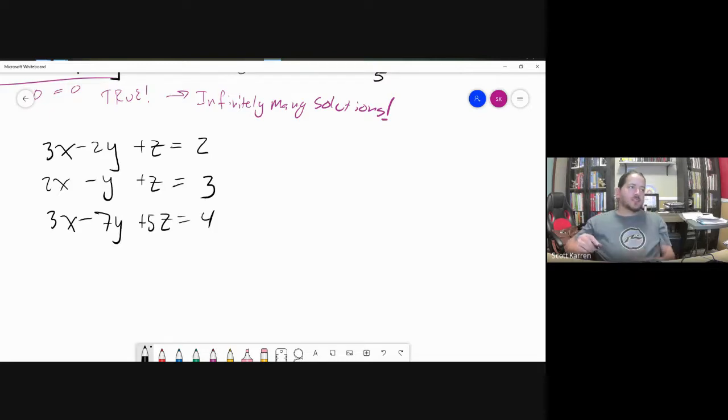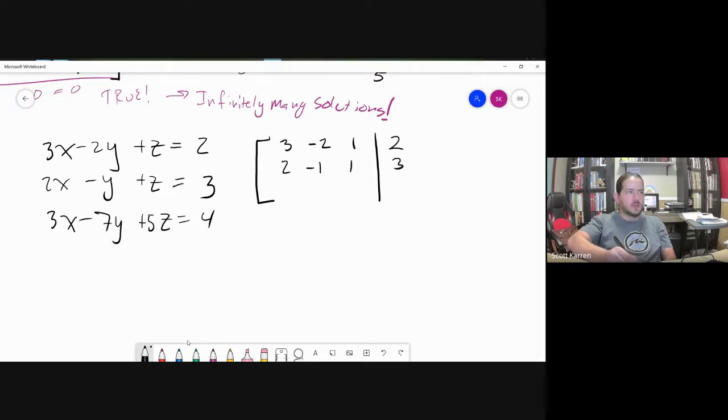Okay. So the first thing that I would do is rewrite this as a matrix. So I have 3, minus 2, 1, and 2. Right? And then 2, negative 1, 1, 3. And then 3, negative 7, 5, and 4.